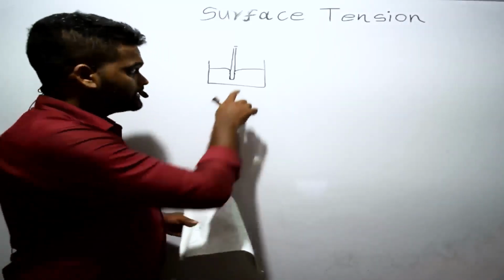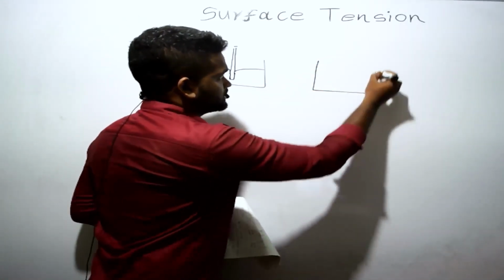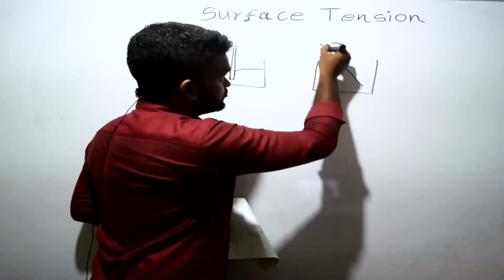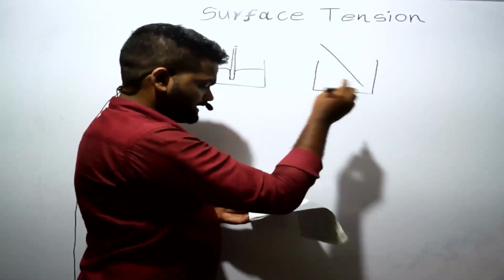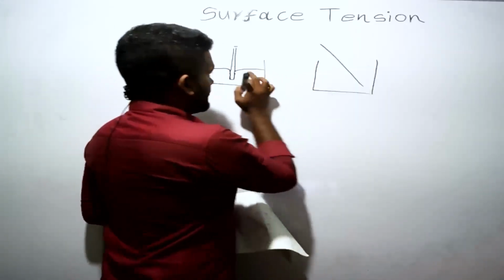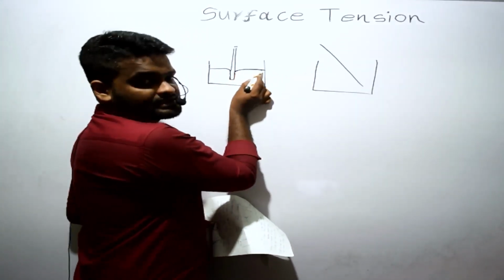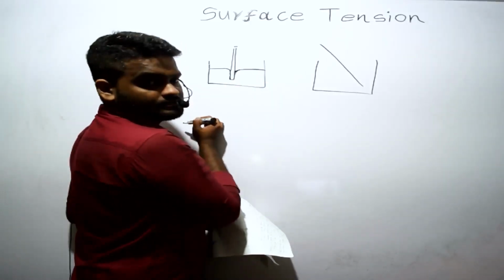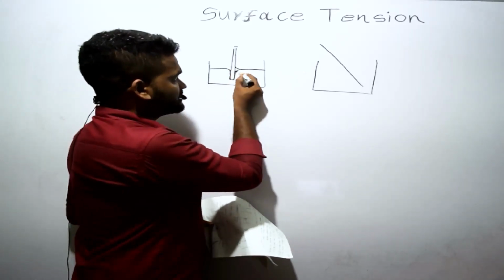So let's say this is water. You can see this surface is not completely horizontal, right? There's a kind of meniscus here, depending on the liquid. It could be to this side or to the other side.